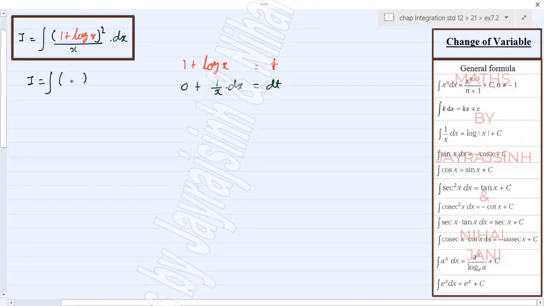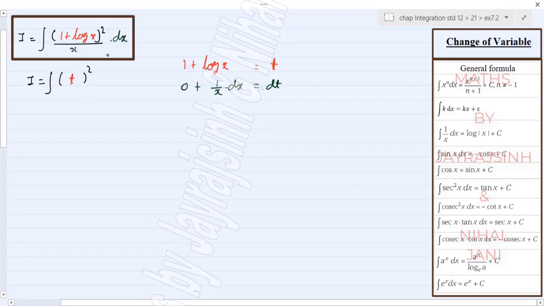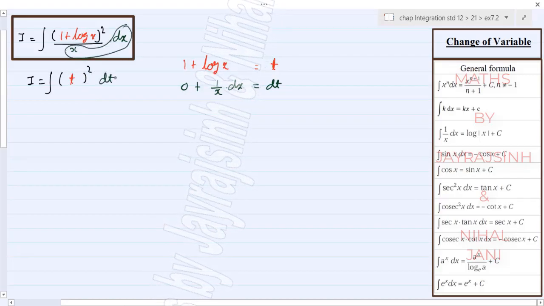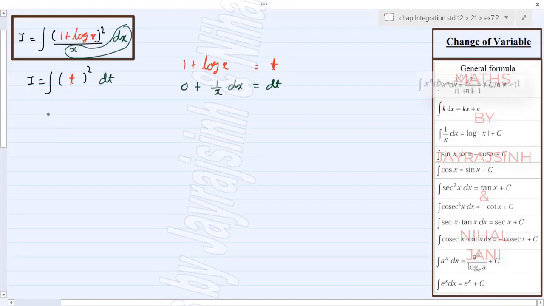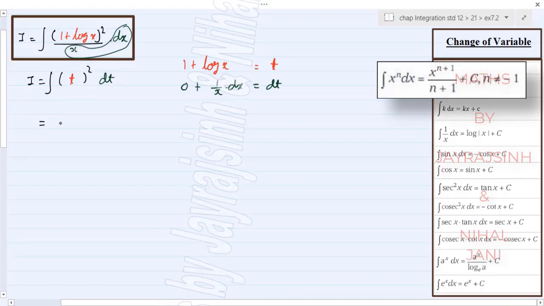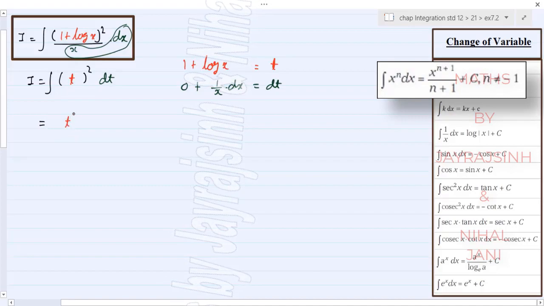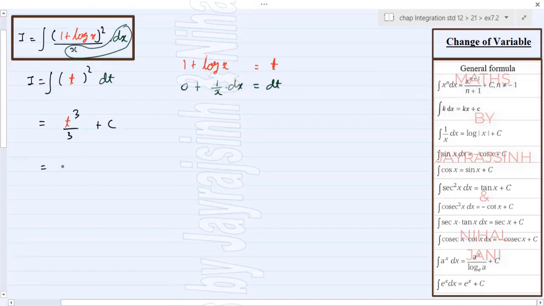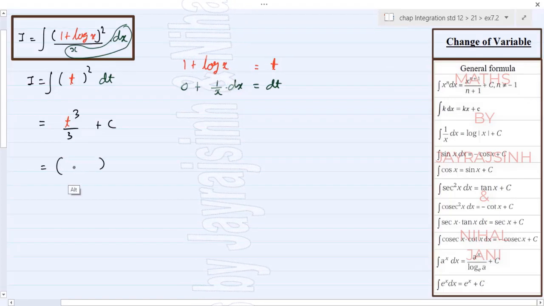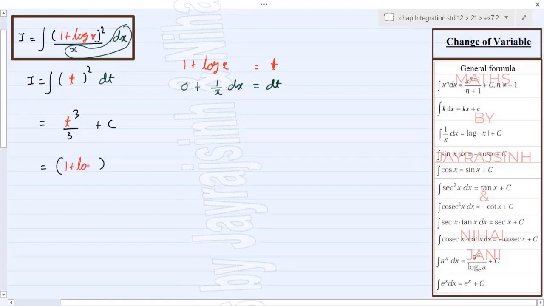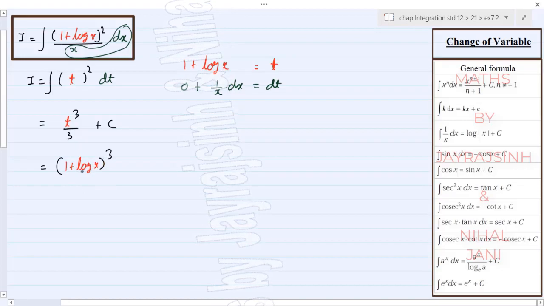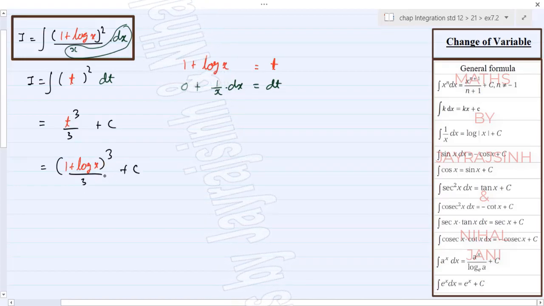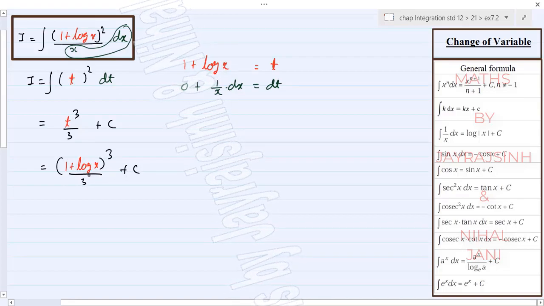This 1 plus log x will become t the whole square, and dx upon x will become dt. So we just have to integrate t square, and it will be t raised to 3 by 3 plus c. And to get the final answer, we have to put the value of t, which is 1 plus log x whole cube by 3 plus c. Ta-da!